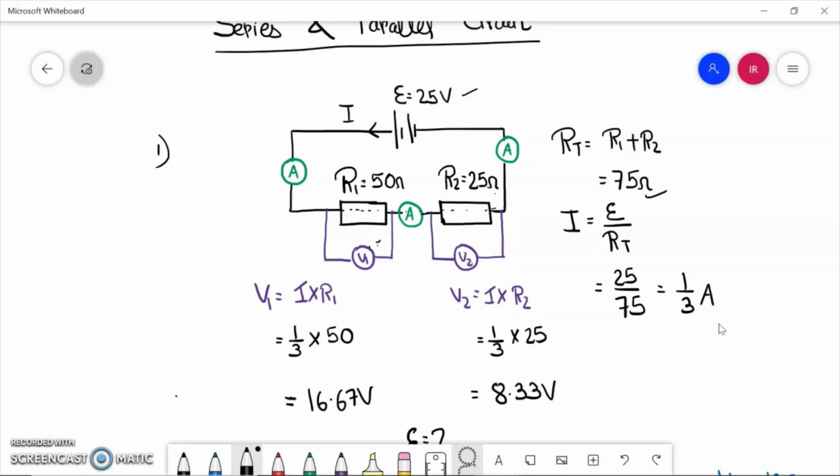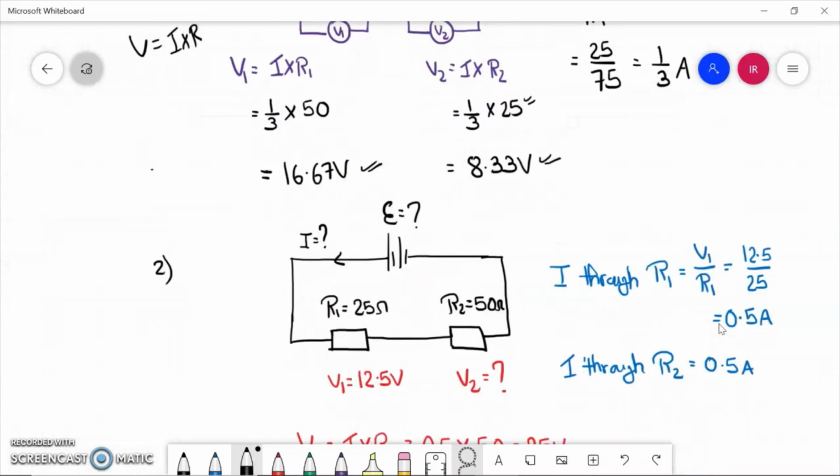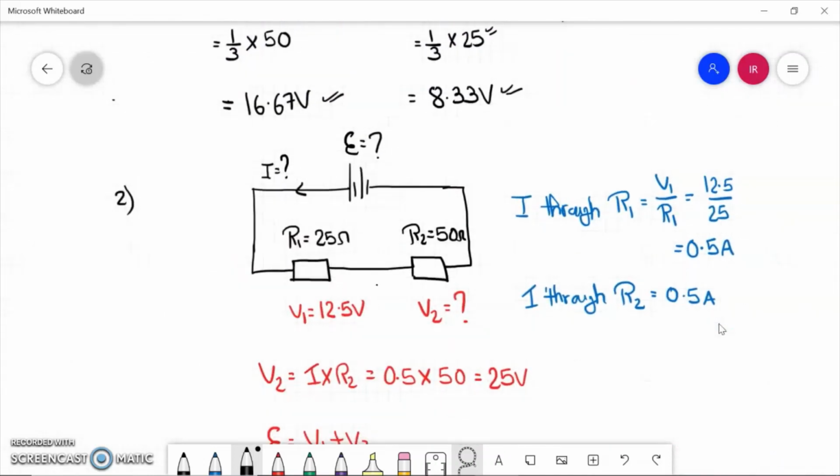So when I'm trying to find V1 using the formula V equals I into R, I'm just taking the current 1/3 into the resistance R1, 50, and finding the voltage V1. Similarly, when I'm finding the voltage V2, I'm using the same formula. R2 is replaced with 25, and the voltage comes to 8.33 volt. Pretty simple, right?